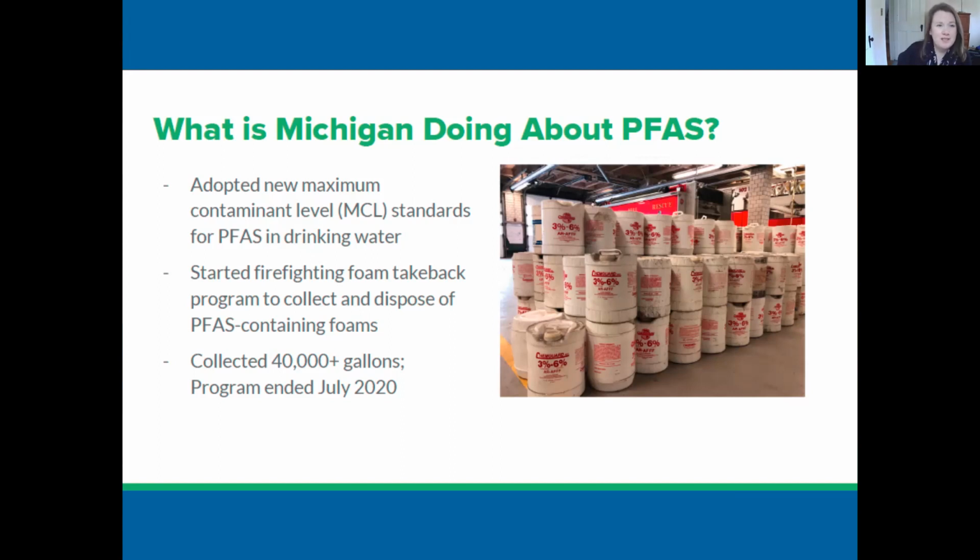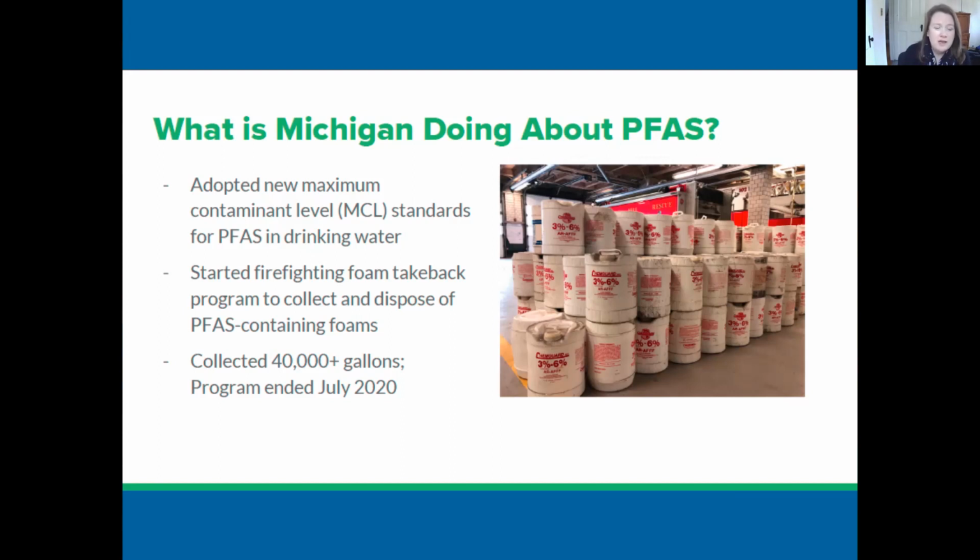The other thing that happened in 2020 is there was a firefighting foam take-back program to collect and dispose of PFAS-containing firefighting foams. This was really successful. Actually, over 50,000 gallons of foam have been collected now, and we want to continue to make sure this continues on.